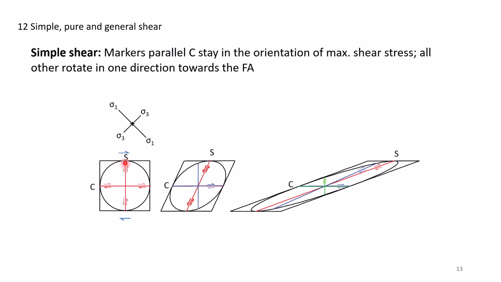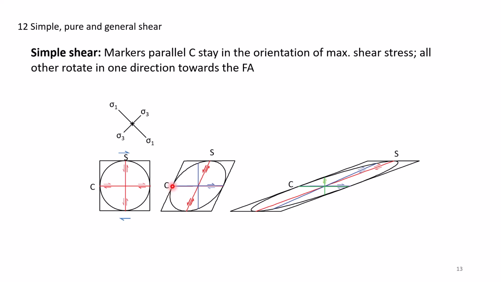What we see in the first stage of progressive strain is that the S-plane starts to rotate. It rotates clockwise in our example, so if sigma 1 is acting from the top left and bottom right onto the shear zone, the S-plane rotates in a clockwise sense and for some time maintains its top to the left sense of shear.